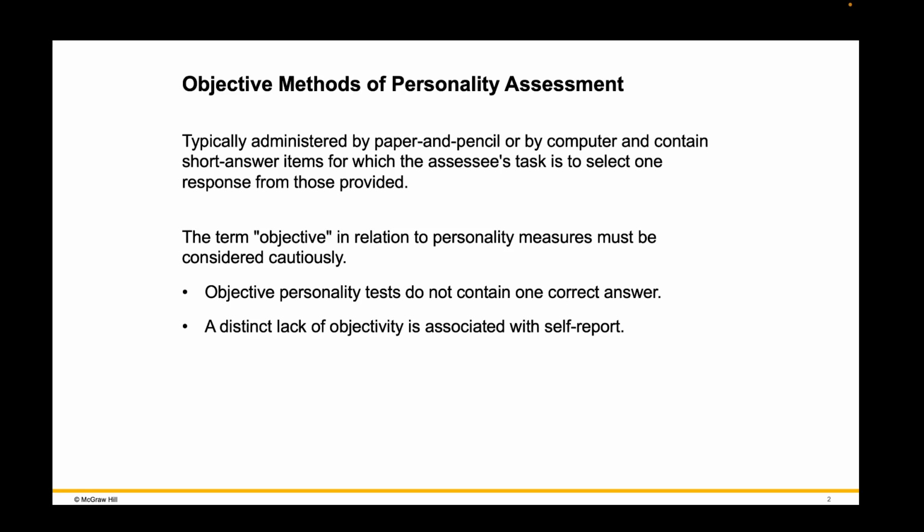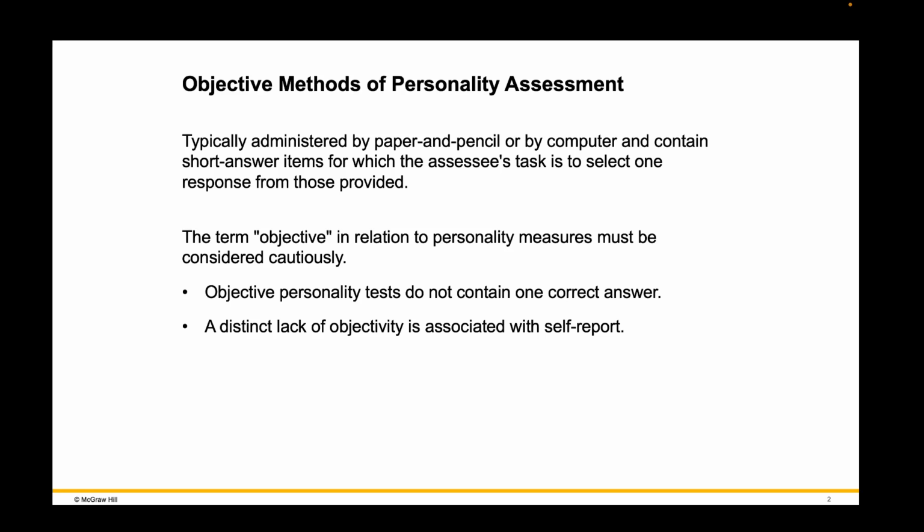And this contains mostly short answer items. Ang ginagawa dito ni assessee is to choose one response from those which are provided. So, katulad nga nung ginawa yung mga tests, which you have designed the item format to be answered either in a Likert form or in a dichotomous manner, such as true or false or yes or no.